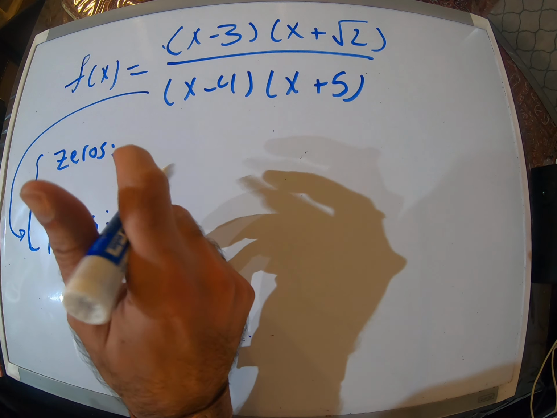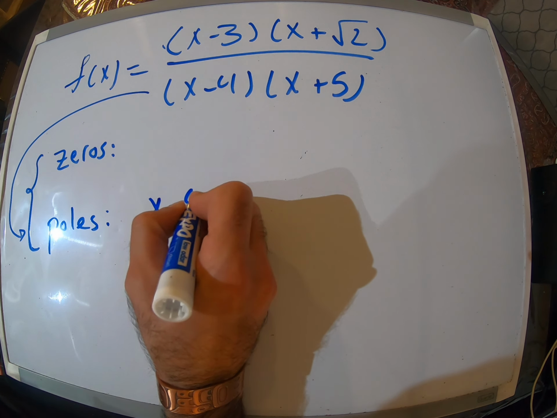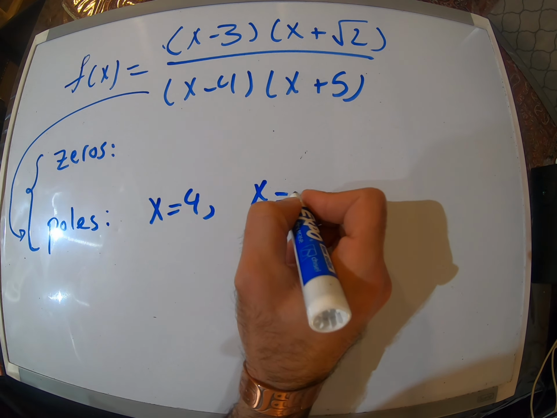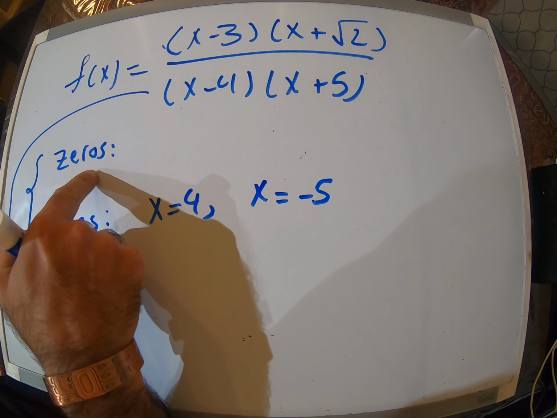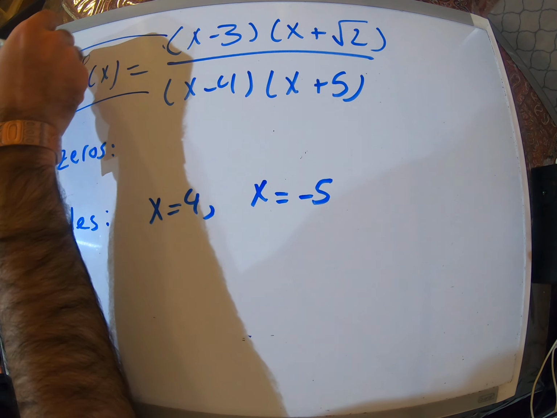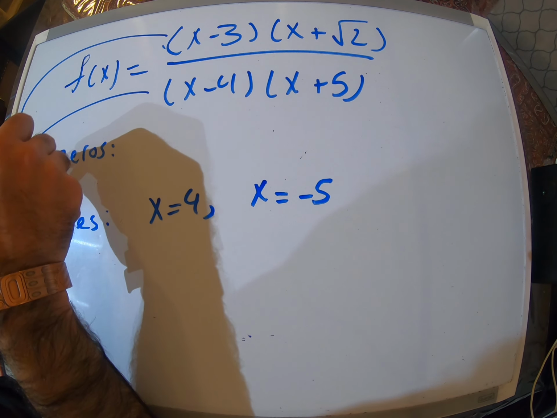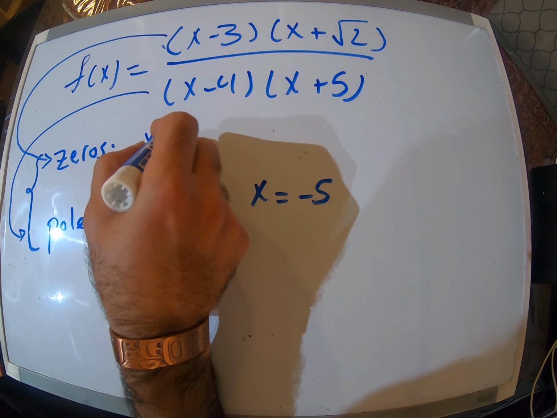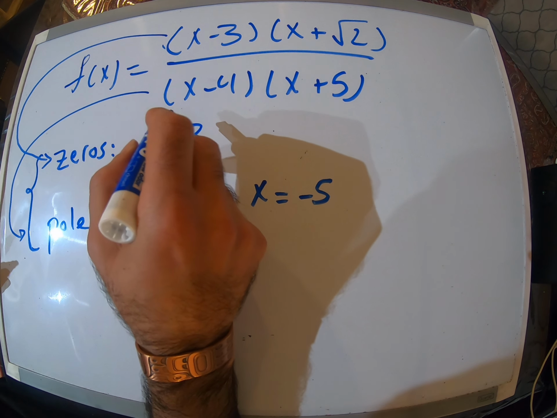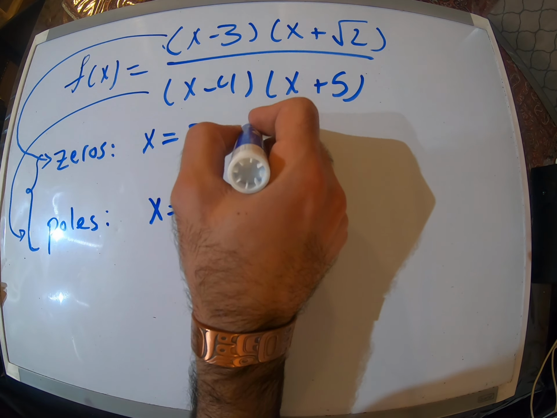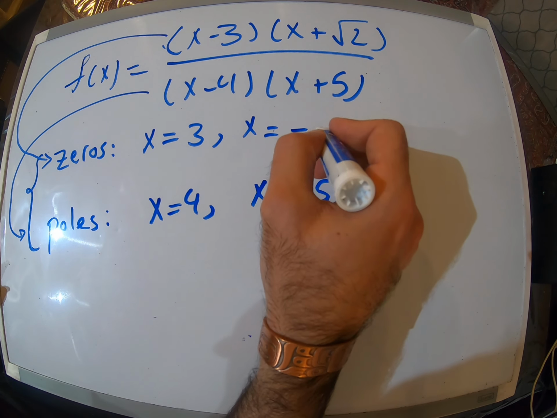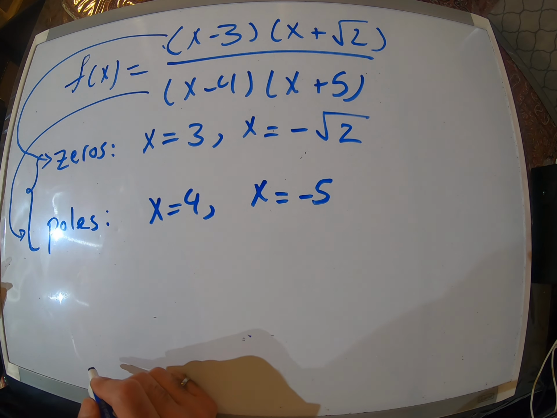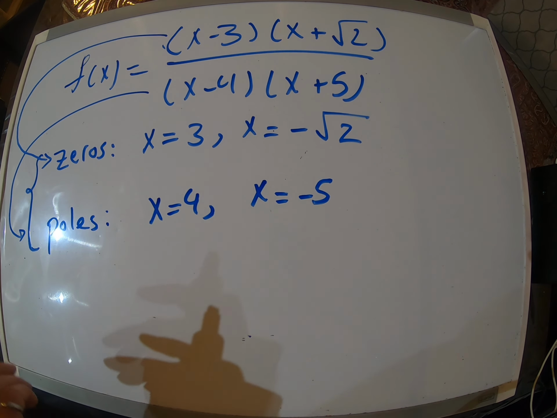So for this function, there are two poles, 4 and negative 5. And zeros are the values of the variable that make the numerator equal to 0. So for this one, it's x equal to 3 and x equal to negative root 2. Keep this in mind.